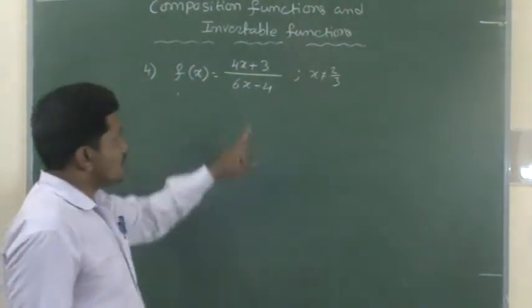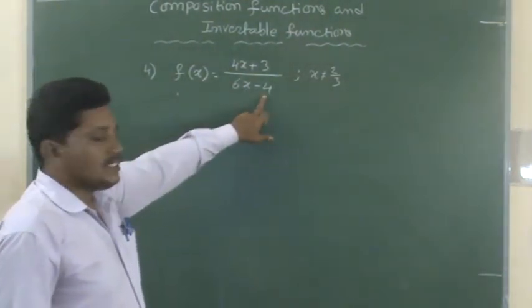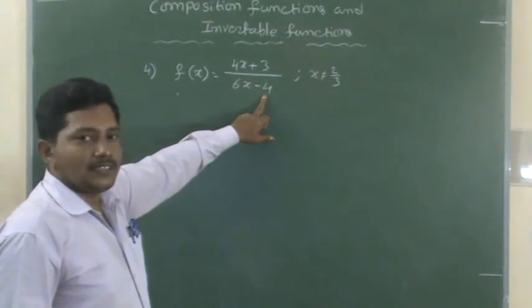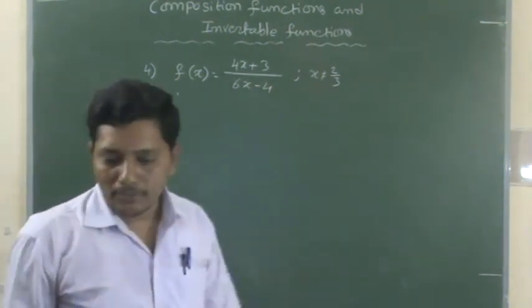Why 2 by 3? You can substitute 2 by 3: 4 minus 4, 0, right? Denominator cannot be 0. For that reason, x not equal to 2 by 3.